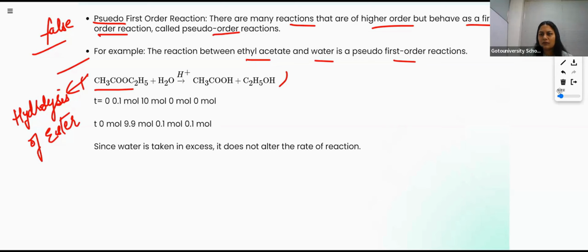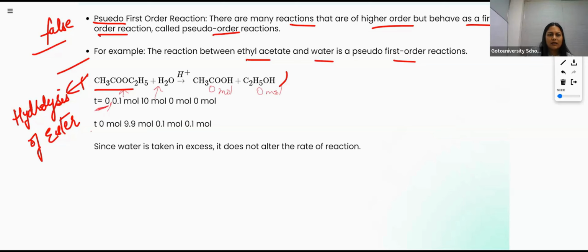If we check the concentration at time t equals 0, ethyl acetate has 0.1 molar concentration and water has 10 molar concentration. On the product side at time 0, acetic acid has 0 mole concentration, and ethanol also has 0 mole concentration, which is the initial step.